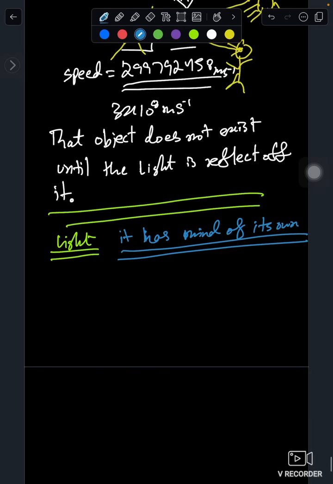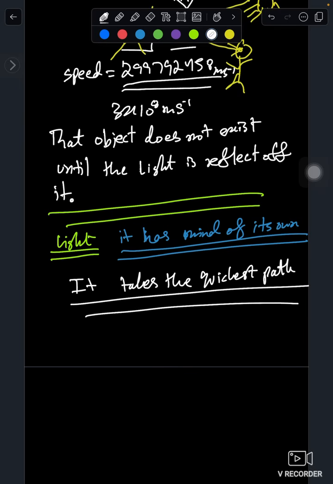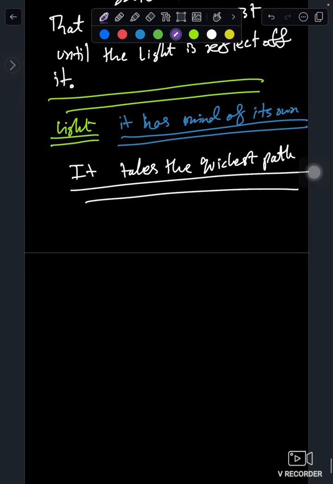The specialty of light is that it takes the shortest time. Shortest? No, not shortest, this is wrong. It takes the quickest path. This is its specialty.